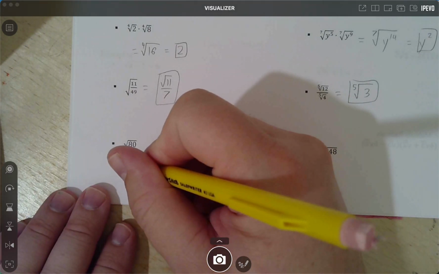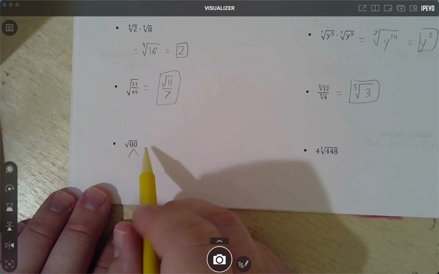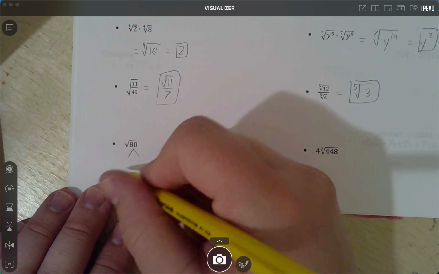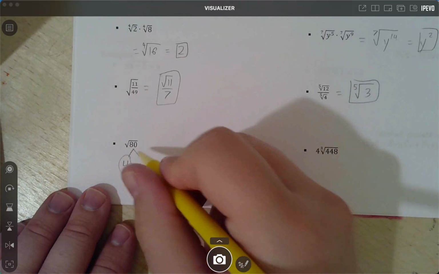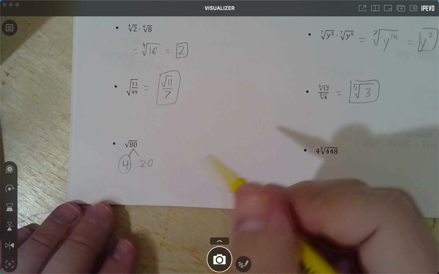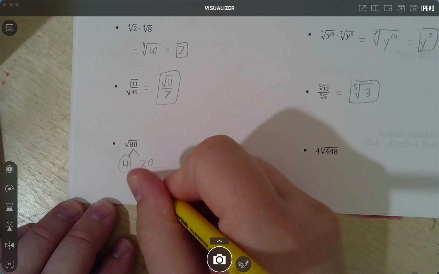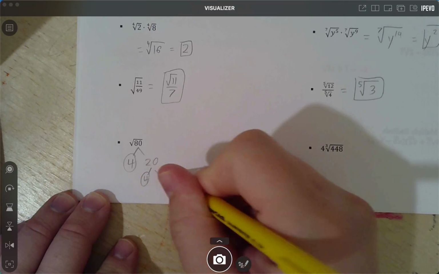So what I mean by that is you should figure out that this is 16 times 5, but let's say at first you just see 80 and go, oh, there's a 4 inside there, and 4 is a perfect square. Well, then circle that perfect square and write what you're left over with. You're left with 20. Then you look at 20 and go, there's a perfect square, and that's where you go, oh, silly me, there was another 4 inside of that, with 5 left over.